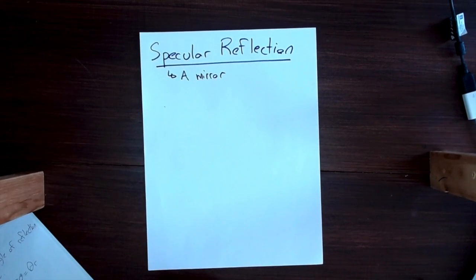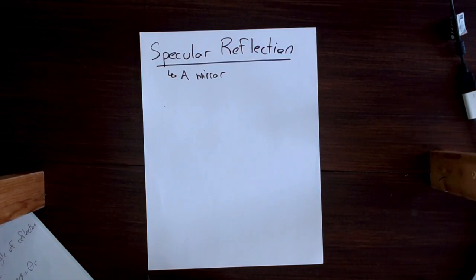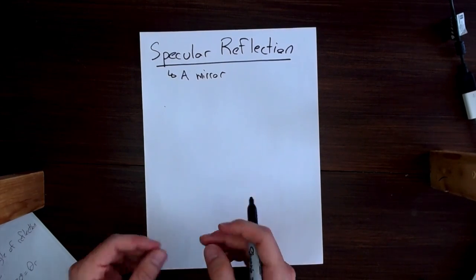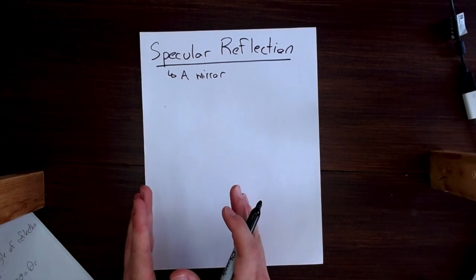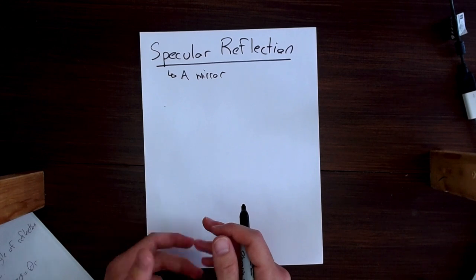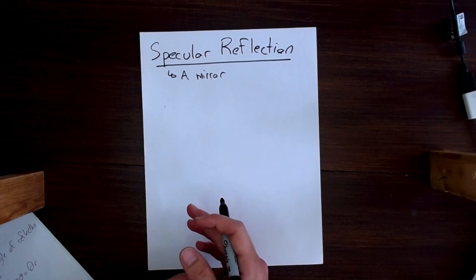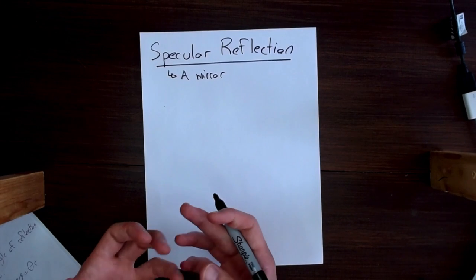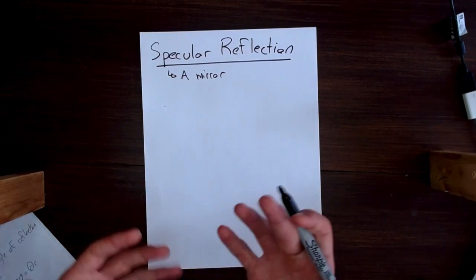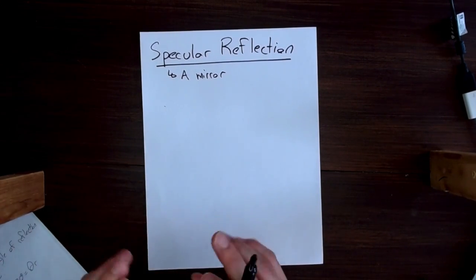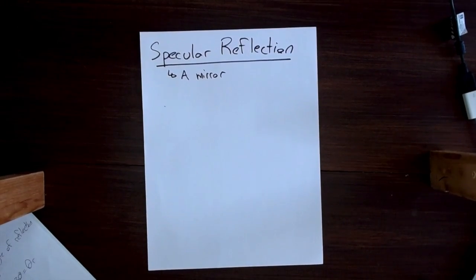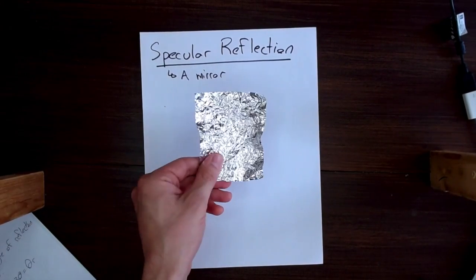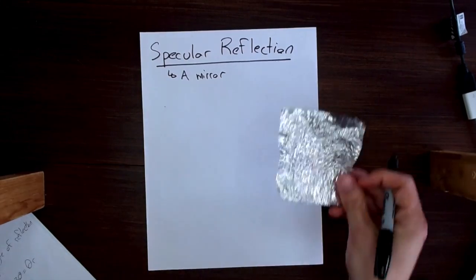A mirror is a perfect example of specular reflection because when you look at a mirror, the image that is formed due to the reflection is nearly identical to the actual object, right? When you look at a mirror, it's not like you're all distorted. Your face doesn't look like a mess as if you're looking at this piece of aluminum foil. It's very clear what's going on.